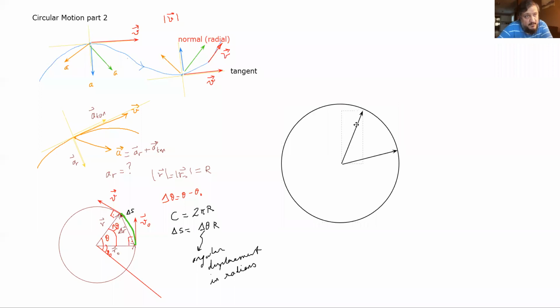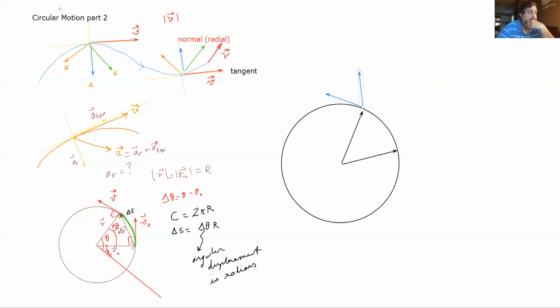These are the R vectors, and these are the V, instantaneous V. But I'm going to take this and parallel transport it right there.